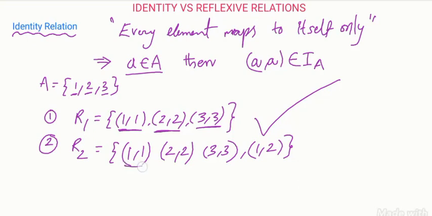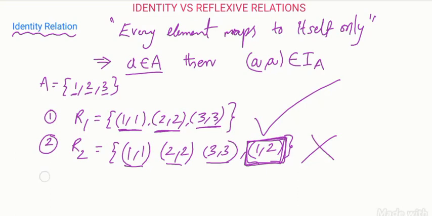We have (1,1), (2,2), (3,3) in relation R2, but extra I have (1,2). This violates the definition of identity relation, so it is not an identity relation. It should not contain any extra element. It should contain only (1,1), (2,2), (3,3).